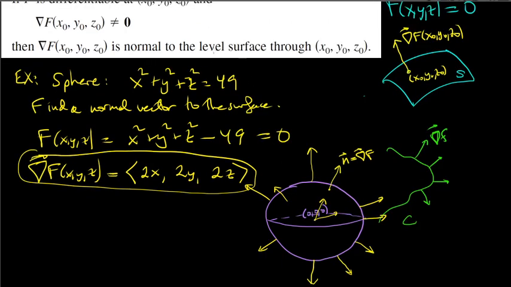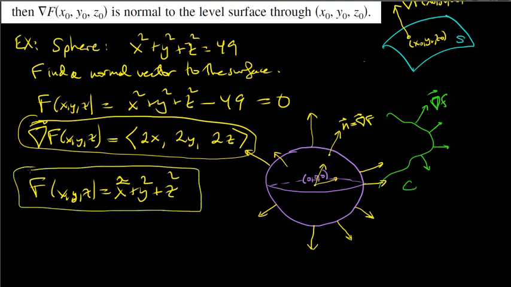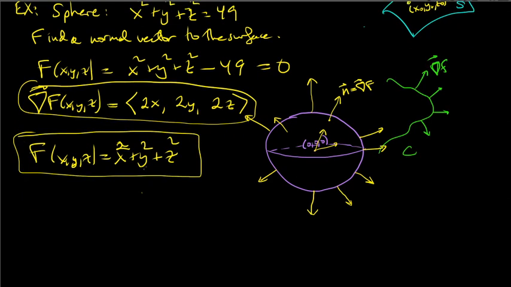So the sphere is a level surface for the function x squared plus y squared plus z squared. I'm being a little sloppy here. This is just a function, the square of the distance from the origin. If the square of the distance from the origin is a specific value, in this case 49, that gives you a level surface.